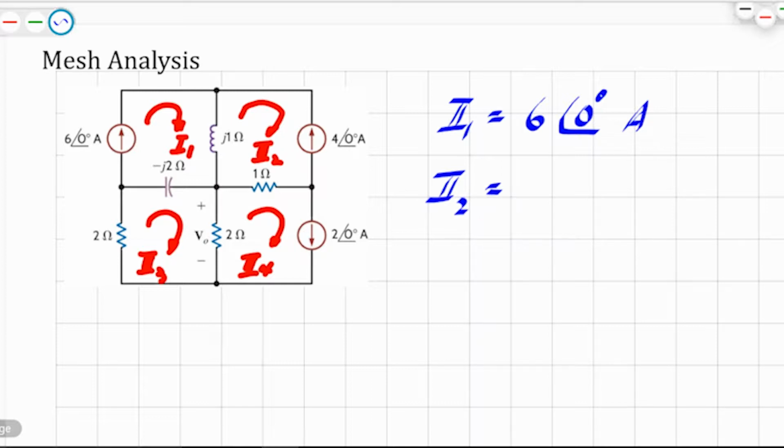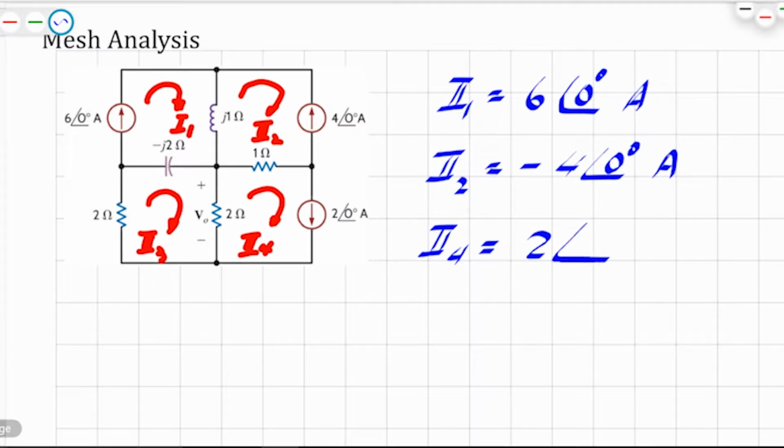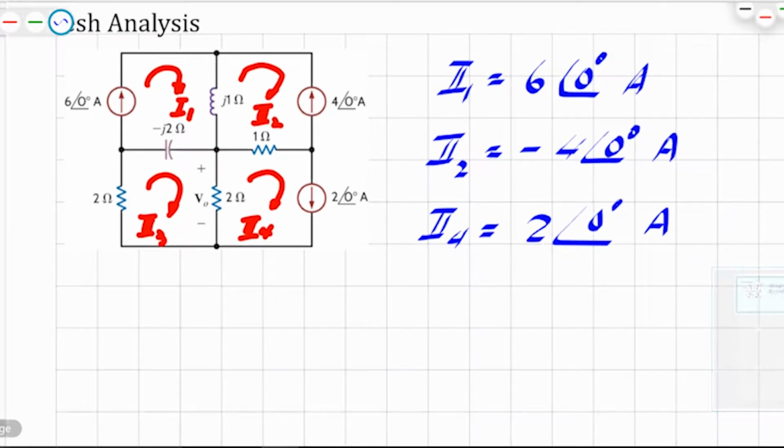This is equal to negative 4, 0 phase angle, because I2 is defined in the direction opposite to the current. But I4 is in the same direction as the current source provided. So that is 2, 0 degrees ampere.